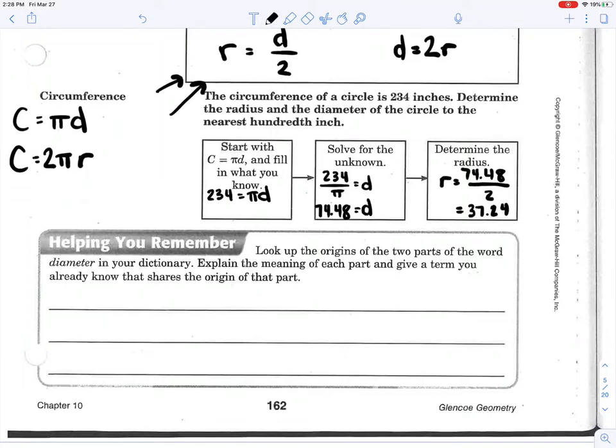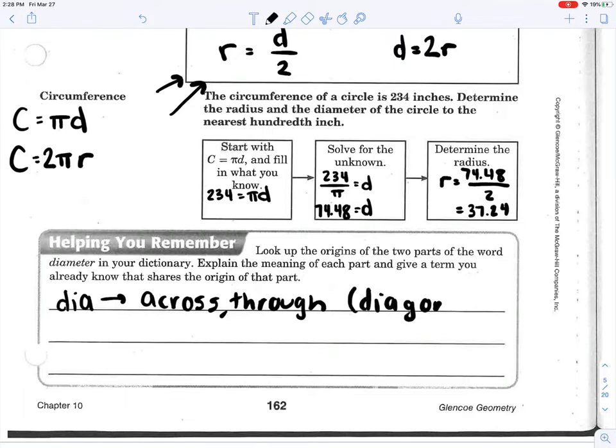Look up the origins of the two parts of the word diameter in your dictionary. Explain the meaning of each part and give a term you already know that shares the origin of the part. So let's look at dia. It's split into two pieces. Dia literally means across or through.